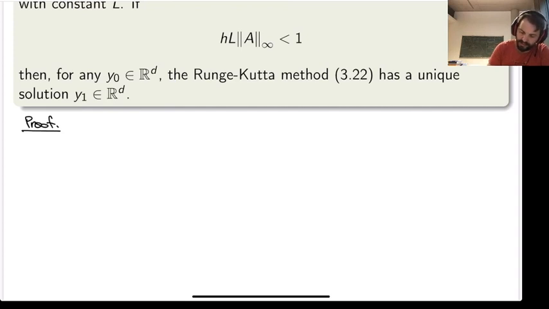As typical with these sort of solution of nonlinear systems arguments, we prove it via a fixed point argument.